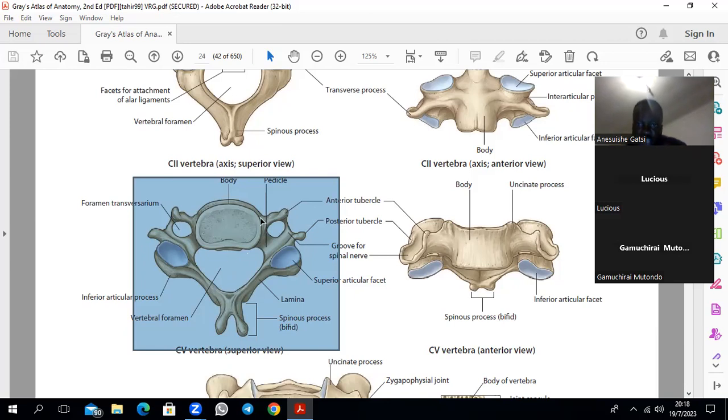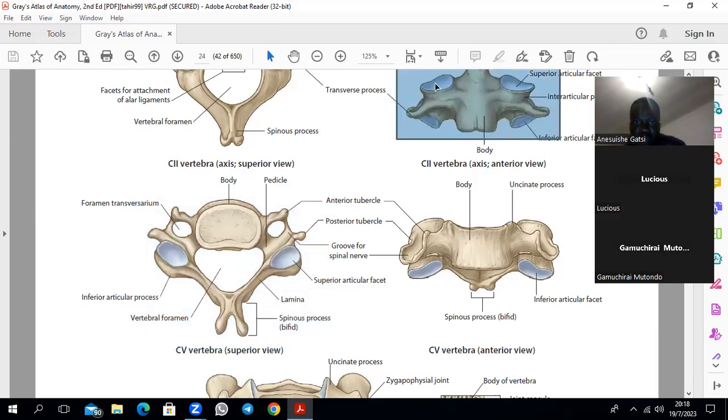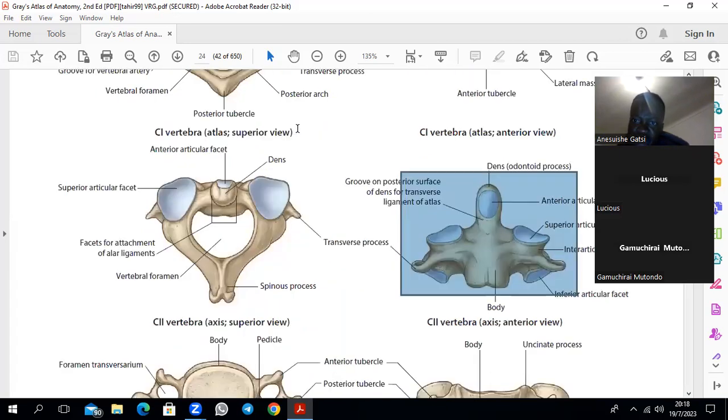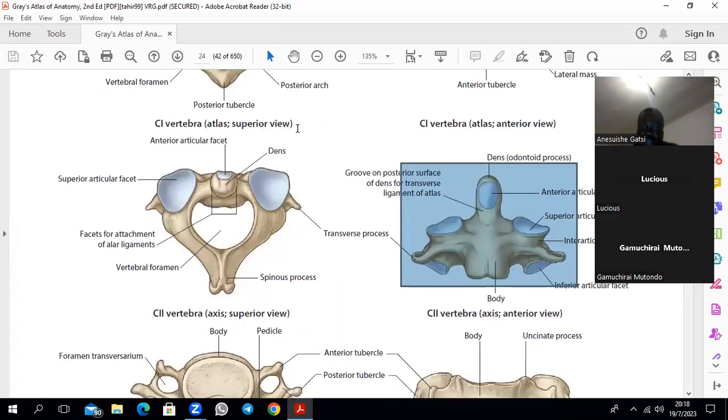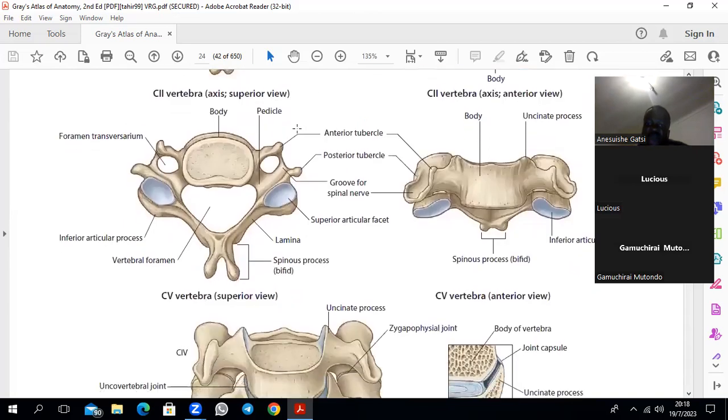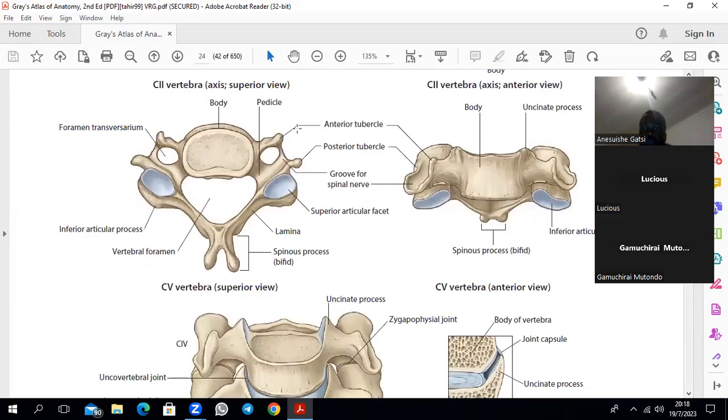Now bring your attention to these smaller pictures here. Okay. So remember, vertebrae attach. For example, if I have C5, this is the one that I'm referring to. C5 is going to attach to C4 above, then C6 below.